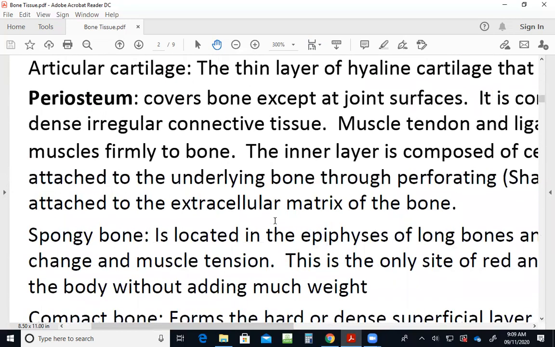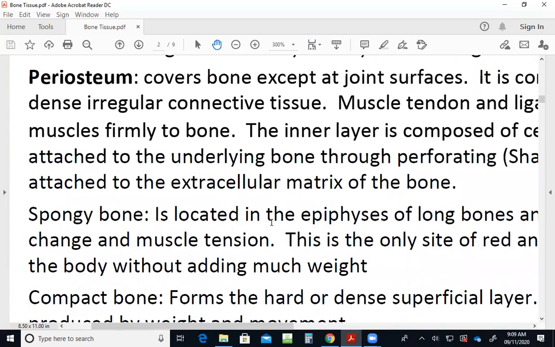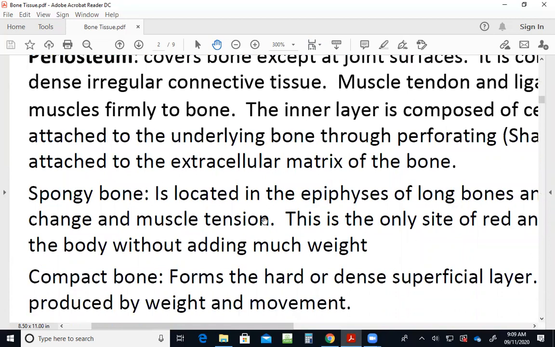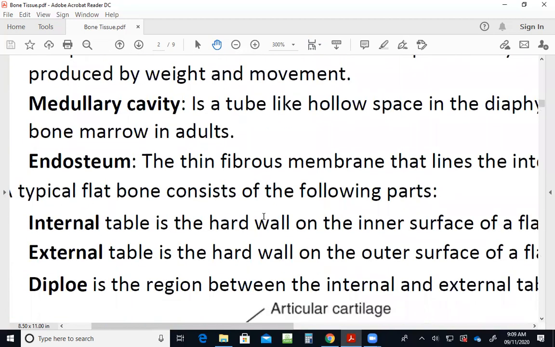There's also short bones, and then there's also flat bones, along with some other special shapes. On this page, I wanted to talk about some key features of more so long bones, because they are pretty complicated, and then flat bones as well, which are quite a bit more simple.